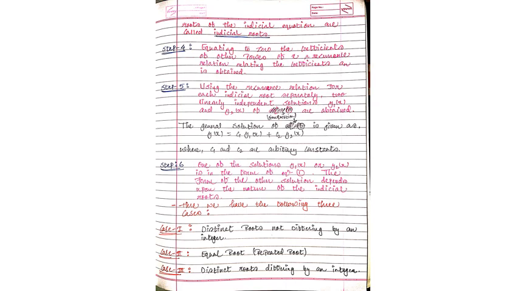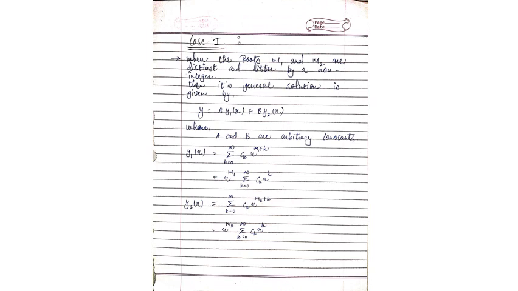Starting with the first case, in which the roots m1 and m2 are distinct and differ by a non-integer. Here you have to find two roots, and the roots actually depend on the equation. If in the equation the highest derivative is the second derivative, y double dash, then you can find two roots.